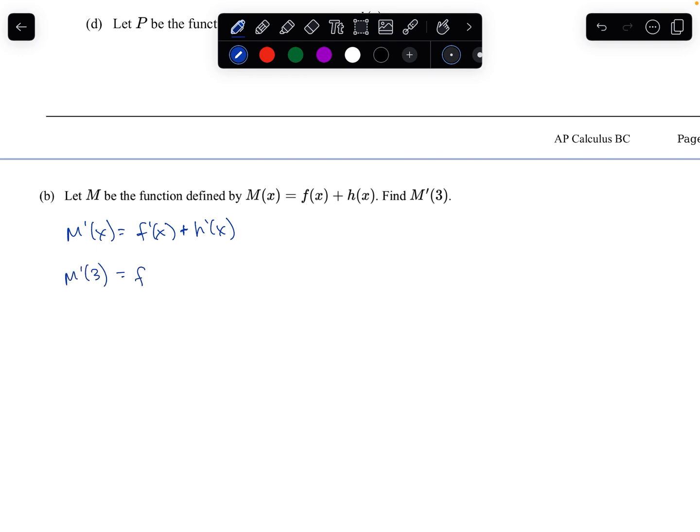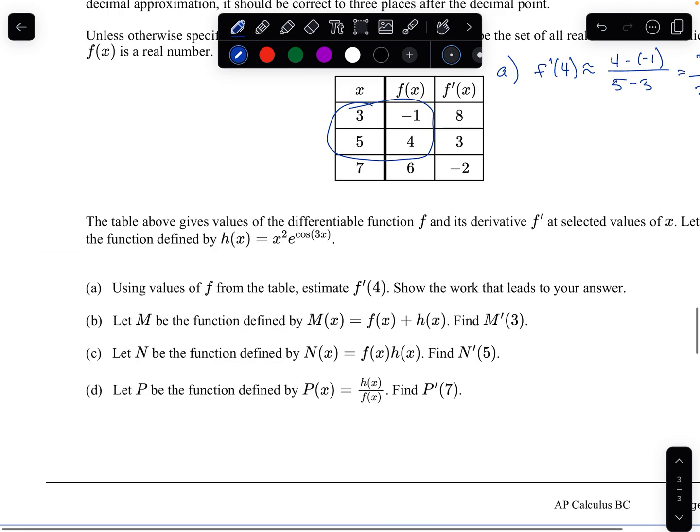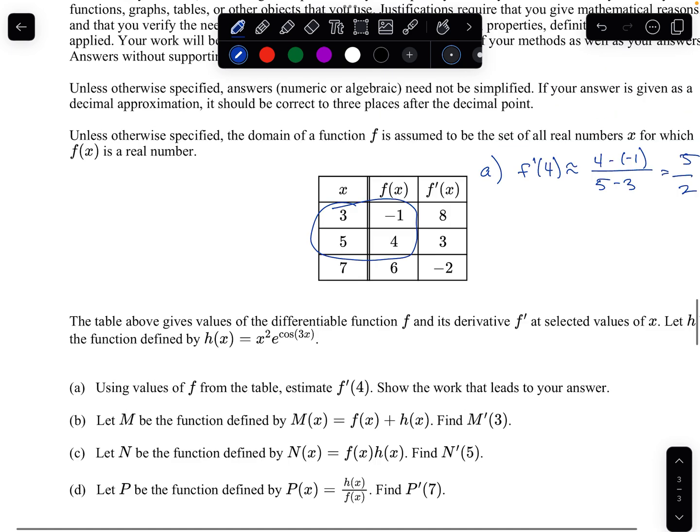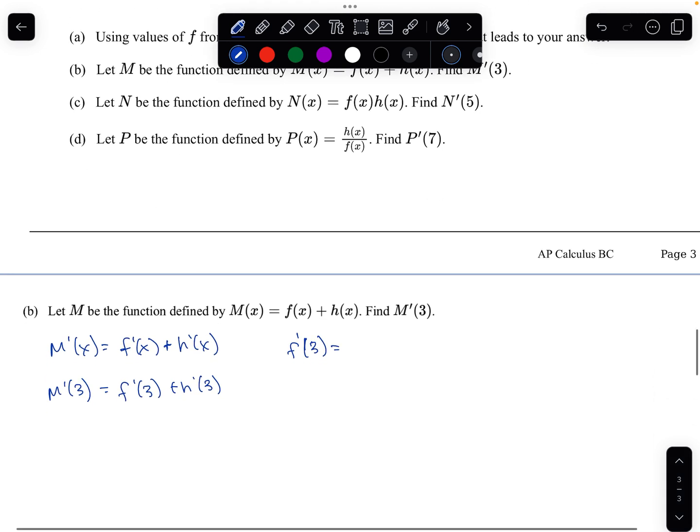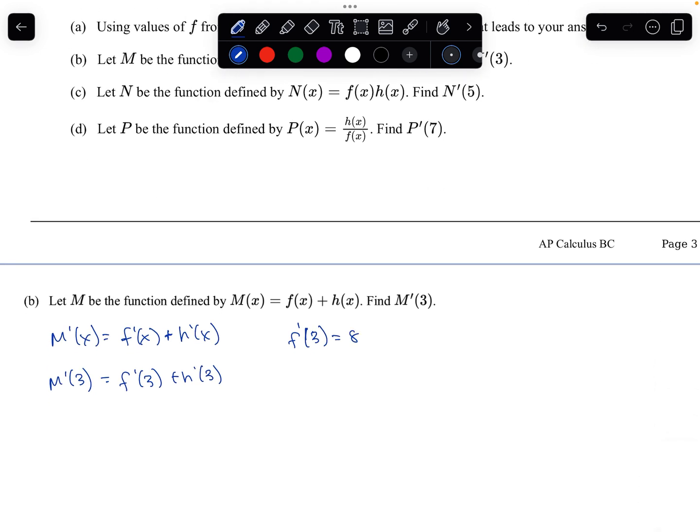That's going to be equal to f prime of 3 plus h prime of 3. Now, I guess we'll start with f prime of 3 because that's in the table. f prime of 3 is going to be equal to 8. So f prime of 3 is 8, and h prime of 3, that's what we're going to use our calculator for.